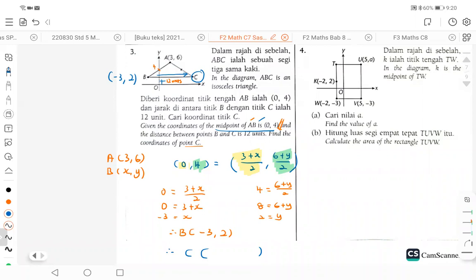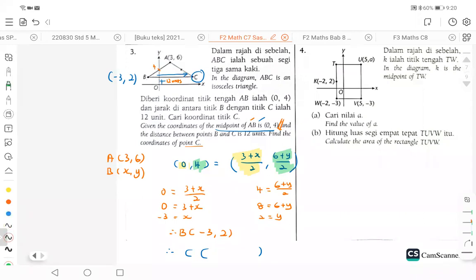Point C is 12 units away from point B. The coordinate of point B is (-3, 2). Correct. Now correct. Same height, so it's 2.